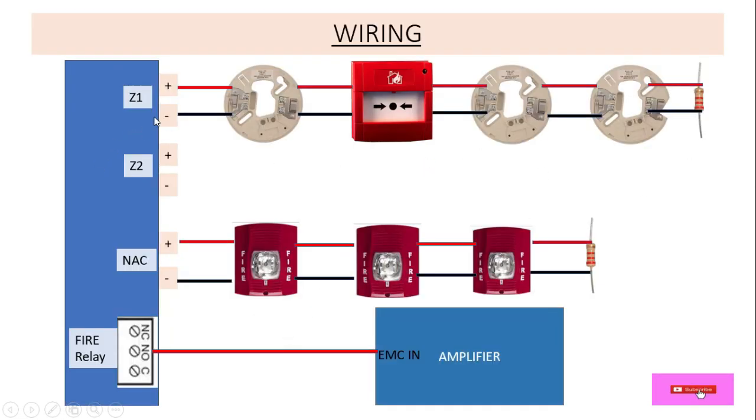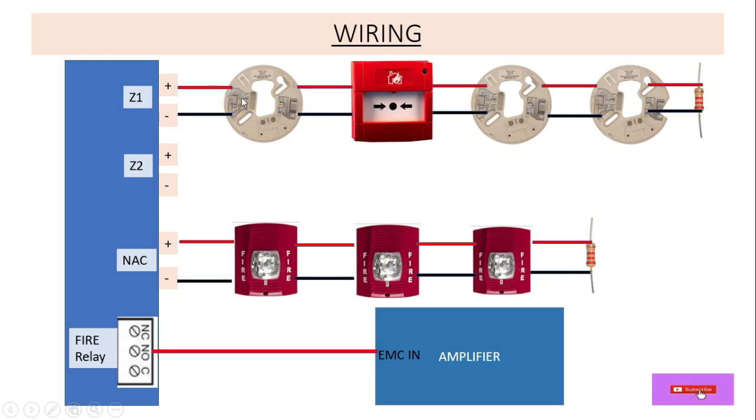Here I have done the wiring. Simply, take a wire of 1.5 square mm or 1 square mm. From plus we take a wire and connect it to this terminal. This is a two wire system.